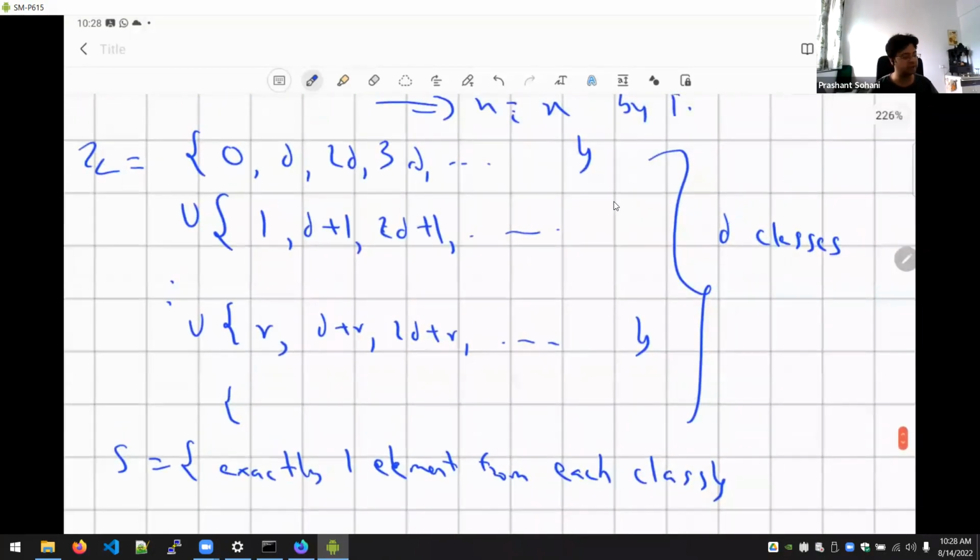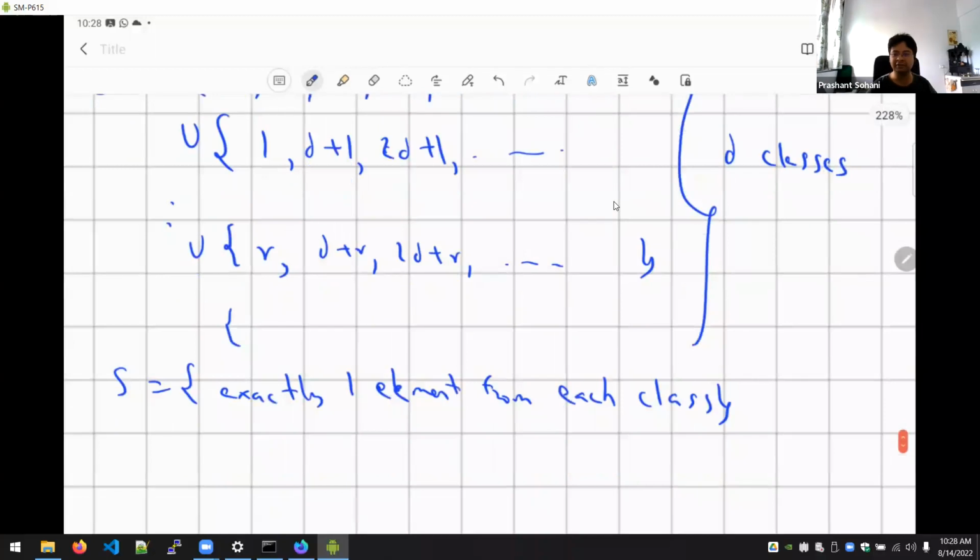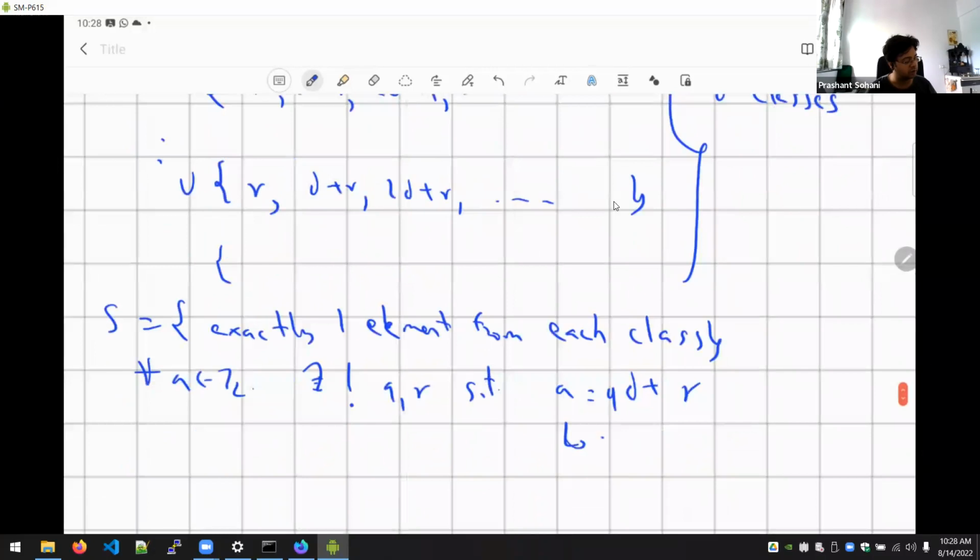So it has exactly one element from the first list of items, exactly one element from the second list of items, etc. Do you see that I can write a division algorithm now for this set S, that I can claim for any integer A there exist unique integers Q and R such that A is equal to QD plus R and R belongs to S.